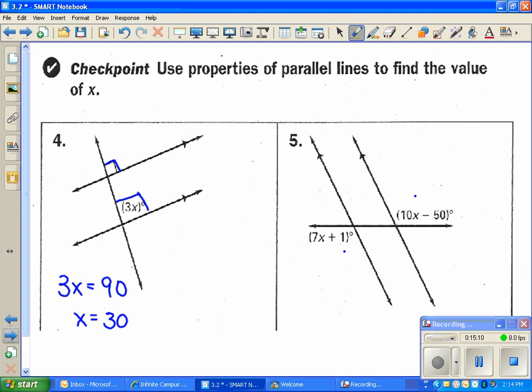What do we know about these two angles? What kind of angles are they? They're parallel because of these little arrows. They let me know. What kind of angles are on the outside, opposite sides of the transversal? What represents outside? Exterior. And opposite sides of the transversal is alternate exterior.